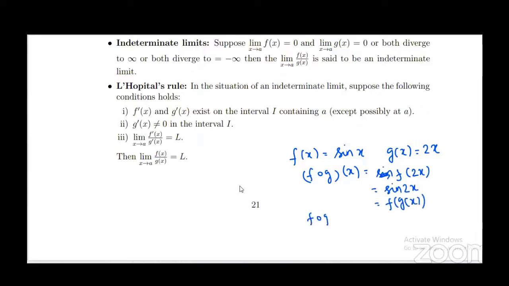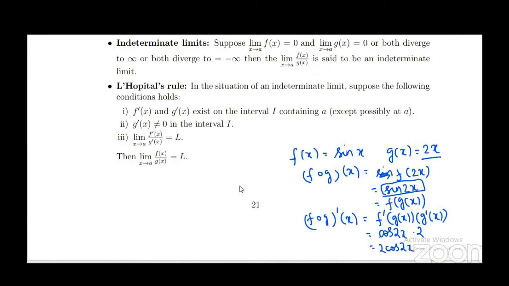When you have to find the derivative of this composition, what you should do is f dash of g of x into g dash of x. So f dash of g of x, that is the derivative of sine, will be cos 2x, into g dash of x. g of x is 2x, so you'll have an into 2 here. So this will be 2 times cos 2x.